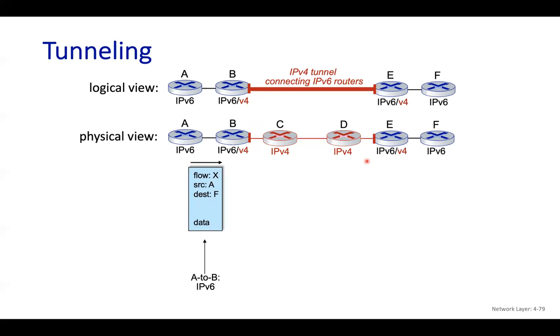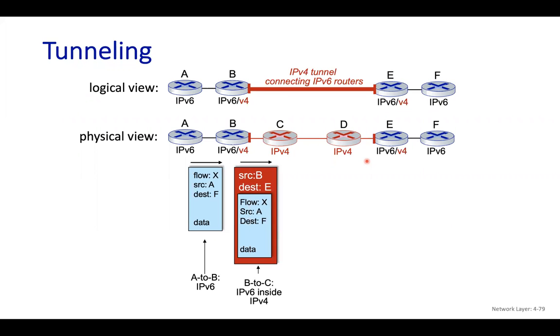Okay, if I have a datagram in IPv6 from A to B, no problem, right? Because that's IPv6 to IPv6, the datagrams are also in IPv6, everything is fine. And then here is an important step. If I send from B to C, that's from V6 to V4. The source is B, the destination is E, and this is the data, right?